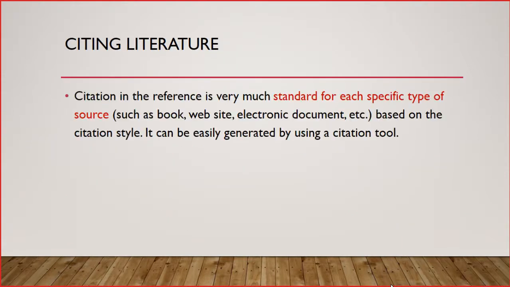Now, when you cite a literature, citing in the reference is very much standard for each specific type of source. So in general, if you are using a certain citation style, for example APA, and you use a citation tool, then there's no issue.